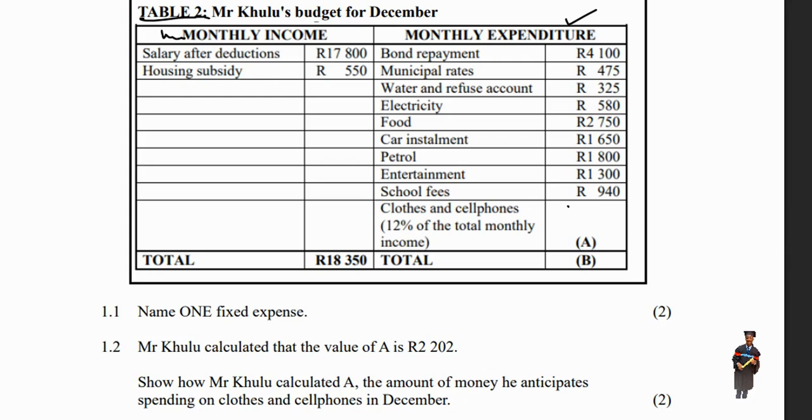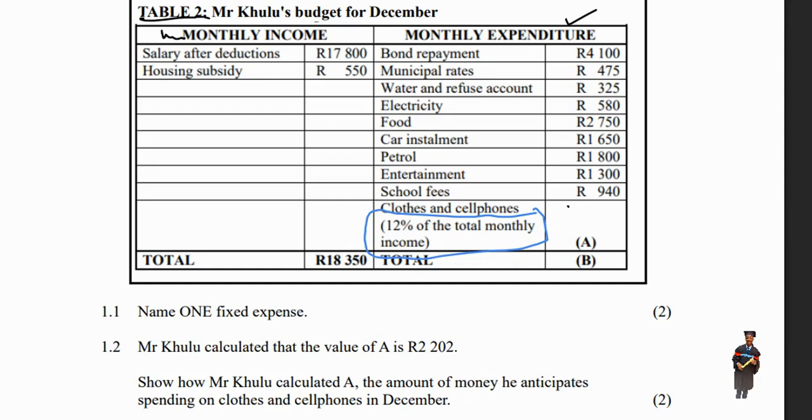Okay, so they have given us some information here that will help us calculate the value of A. This information here is very important because it is the one that is going to help us calculate the value of A. We have 12% of the total monthly income. They are giving us this additional information so that we understand that the clothes and cell phone expenditure is actually 12% of the total monthly income.